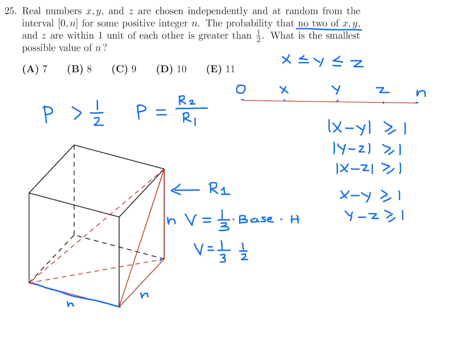You can use this as the base, and you can use this as the height. So it's just going to be 1/2 n times n. The height of this tetrahedron is the top to bottom height right there, which is n. So this basically becomes n to the power of 3 over 6. So that is what is R1, n to the power of 3 over 6.